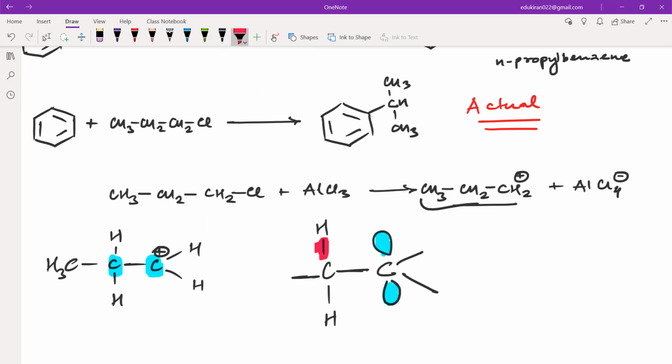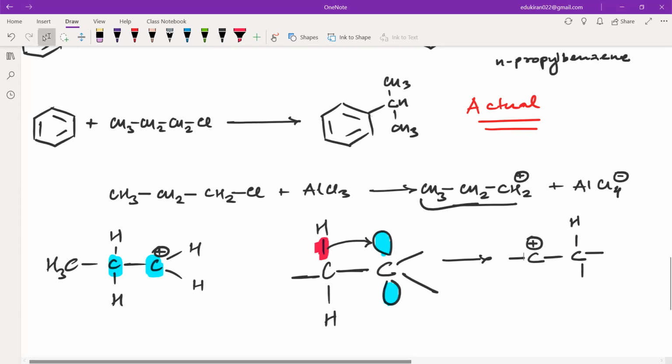So one thing is you can understand this through hyperconjugation also. You can also understand it through shifting of the bond from high density to low density. So the hydrogen shifts and it forms, okay, a positive charge.